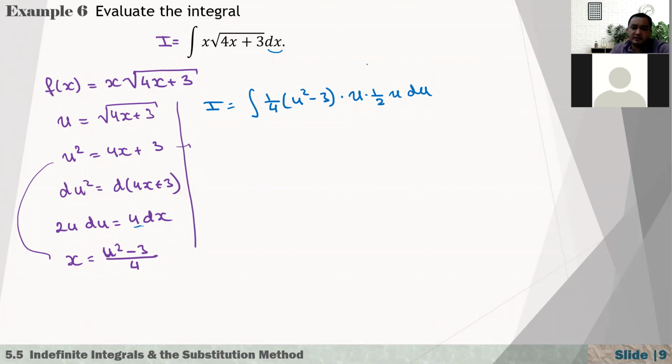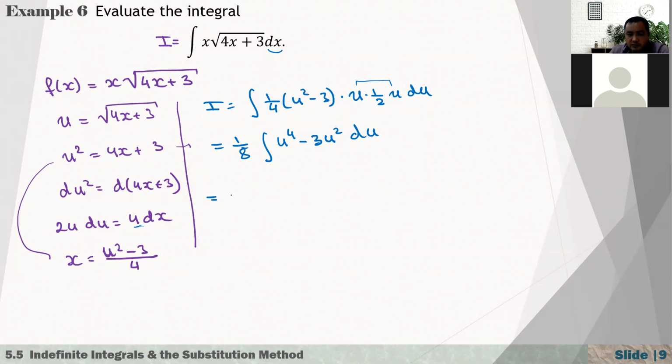So it just becomes a polynomial function. Here we have 1 over 4, 1 over 2, it is 8. So that's equal to 1 over 8 integral of u squared times u squared, u to the power of 4 minus 3u squared, du.